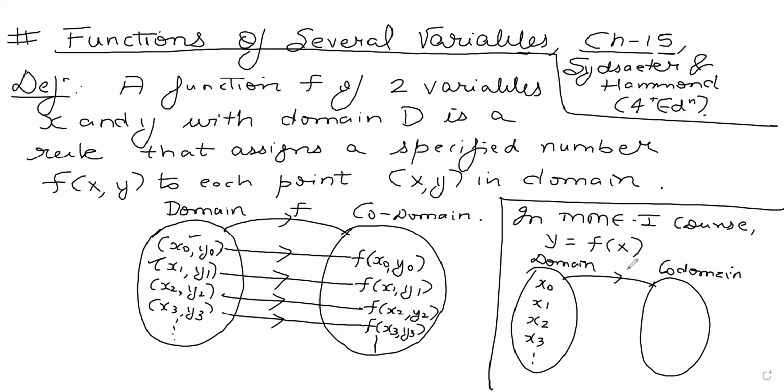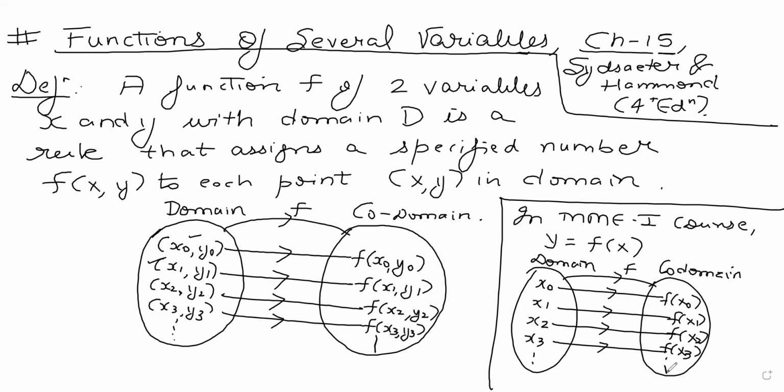And then we had the function f: f of x0, f of x1, f of x2, f of x3, and so on. This is what we had done in the MME1 course. Our domain was the set of values taken by x. Our codomain consisted of all the images formed by the domain, which we used to call the range.